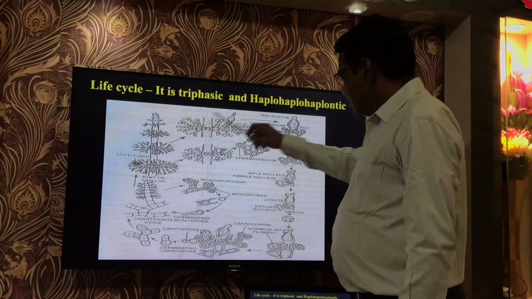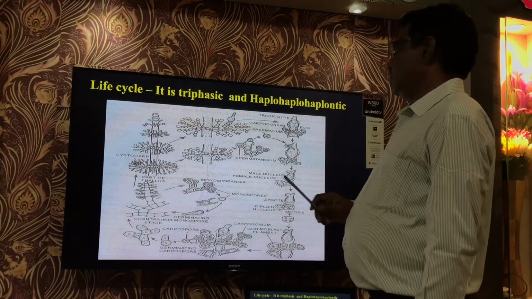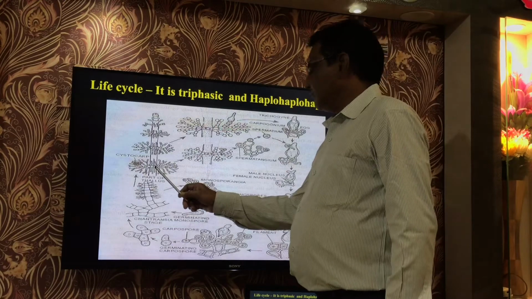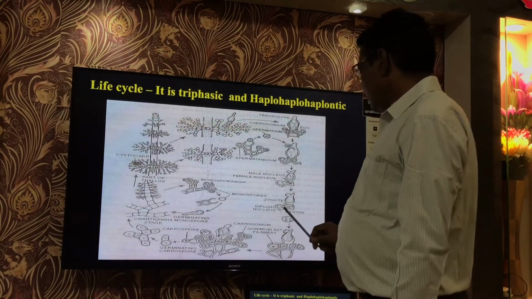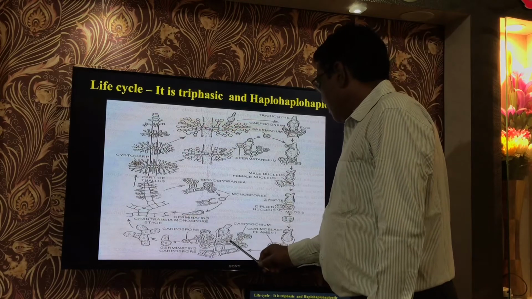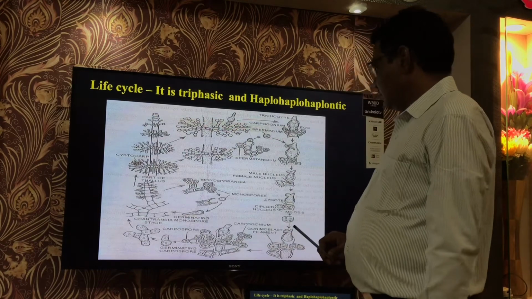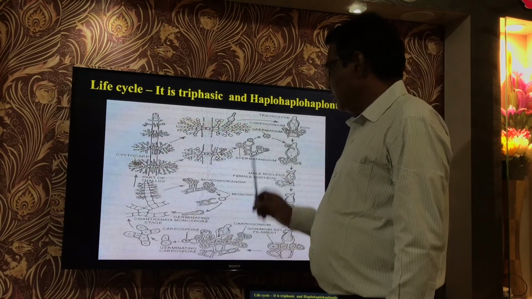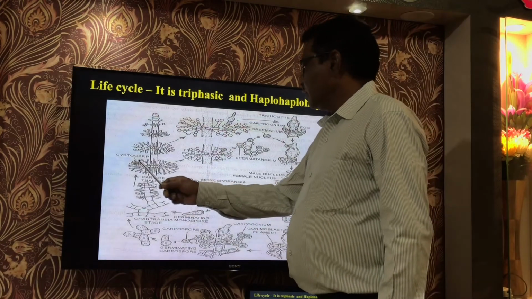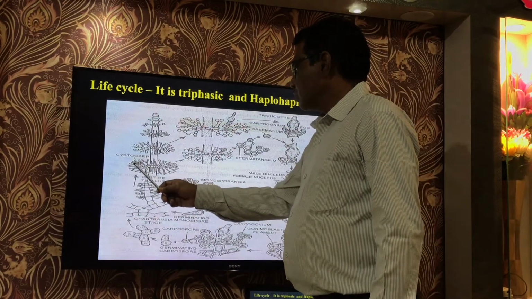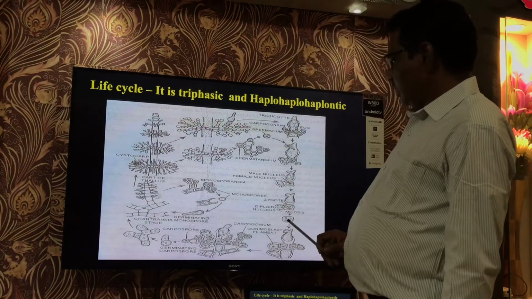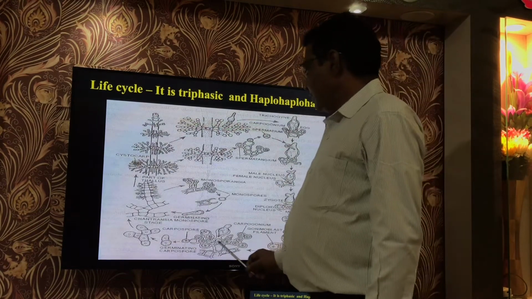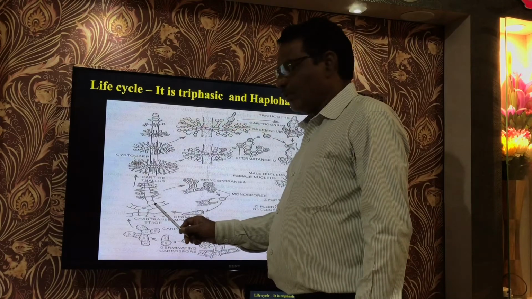So if you observe this graphic life cycle, this adult gametophyte, which is a haploid structure, is one phase in the life cycle. Then the second phase is the haploid carposporophyte, which is totally dependent on the gametophyte. Here it has been labeled as a cystocarp or carposporophyte. They are synonyms. Then the third phase in the life cycle is again haploid Chantransia.